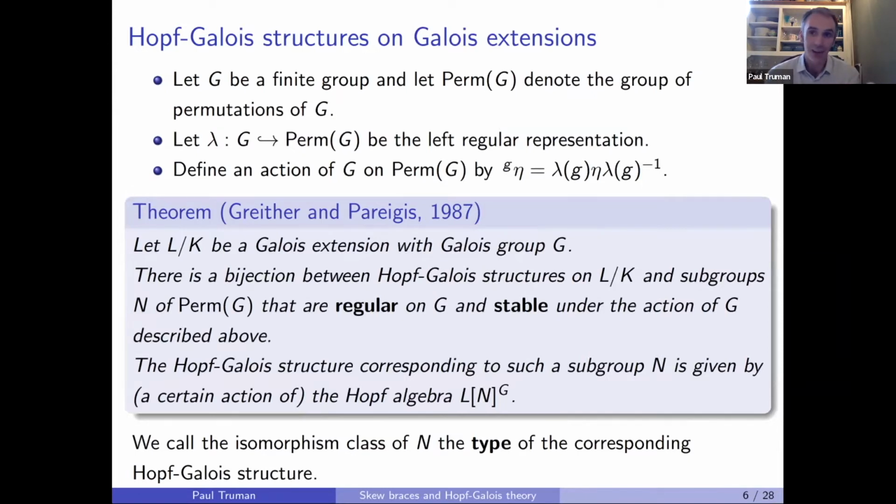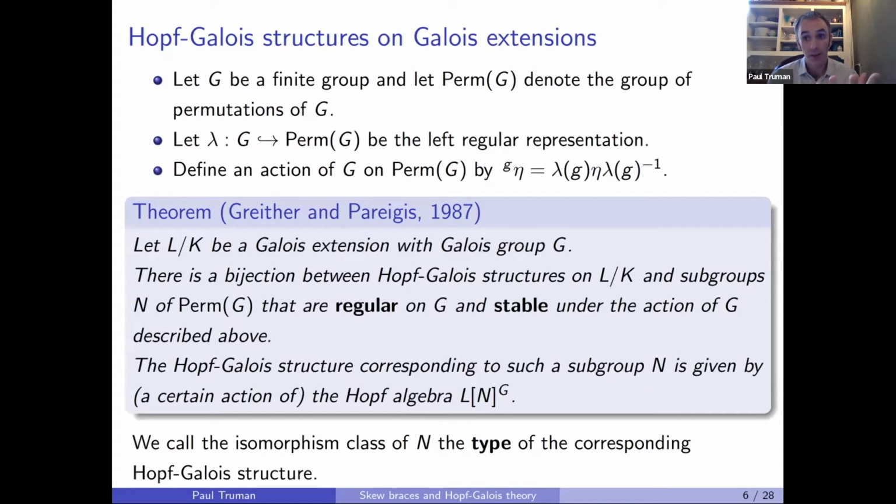And it certainly will act on N because we've insisted that N should be stable under this action. So G really does act on N. And then I take the fixed points of L[N] under that action. And by Galois descent, I get a K-Hopf algebra. It has the correct dimension at least. And you can then show that it does give a Hopf-Galois structure on this extension.